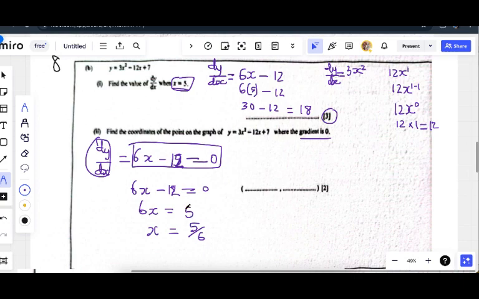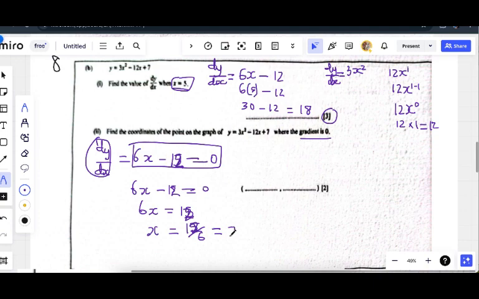Okay, so you bring negative 12 to the right, it becomes positive 12. So positive 12 divided by 6, you get 2. x equal to 2.